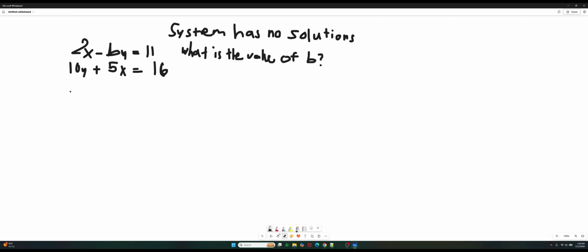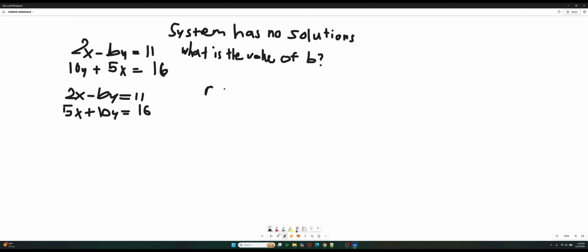So what you want to do instead is rewrite the equation so you have all your terms in place. It would be easier to divide by. So if you just rewrite your equation like this, now it's easier to look at and you could divide easier. So to solve this question, what do we know? We know it has no solutions.